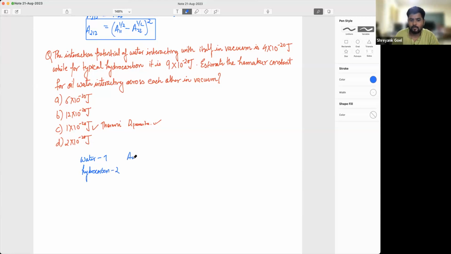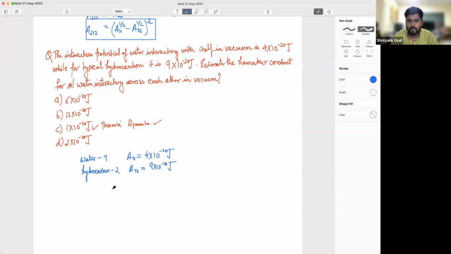So A1 is given as 4 into 10 to the minus 20 joule, and A2 is given as 9 into 10 to the minus 20 joule.